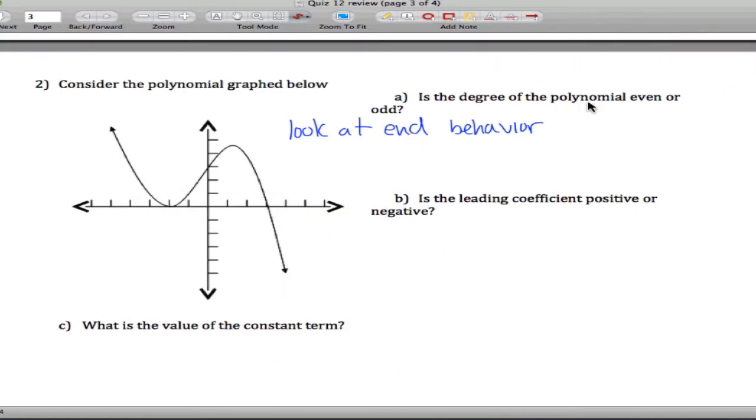Okay, is the degree of this polynomial even or odd? Look at the end behavior. It's odd because it goes in different directions when it goes to the left and when it goes to the right. It goes down here, it goes up here. Is the leading coefficient positive or negative? Again, look at end behavior.